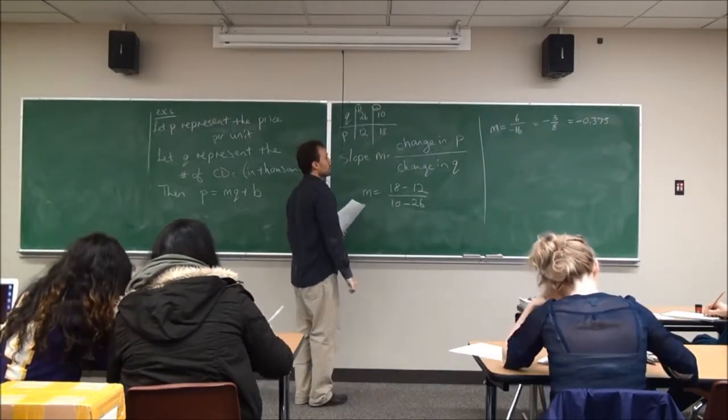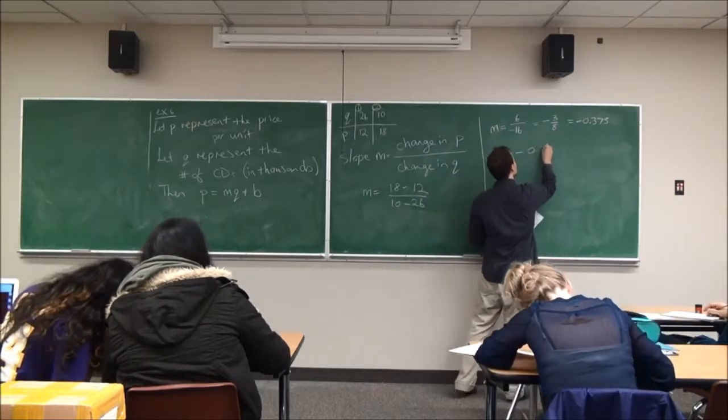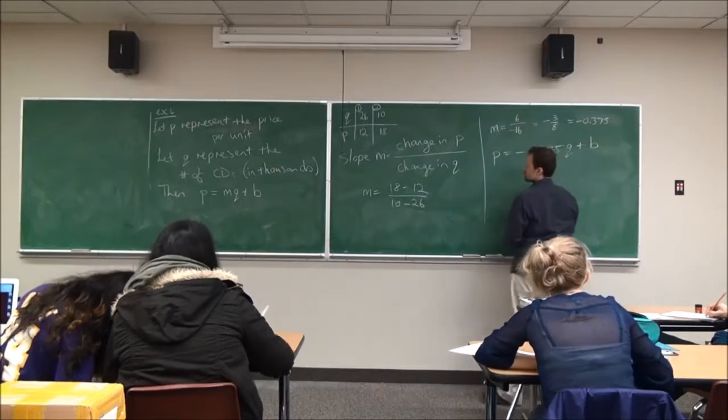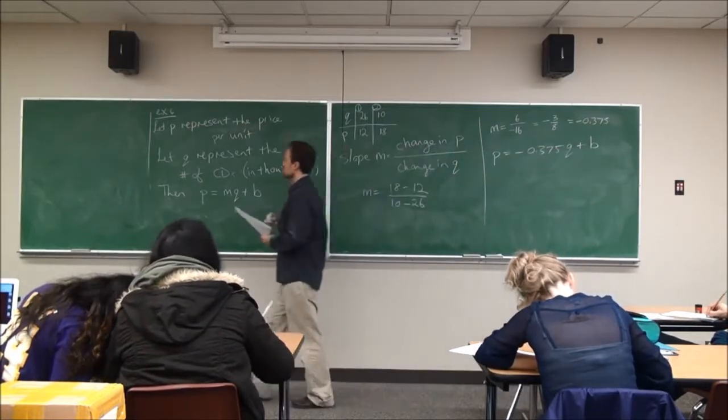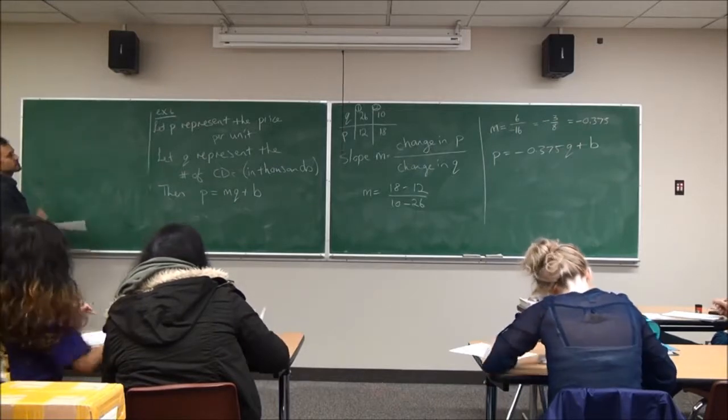So that's my slope. So let's update my equation. P is equal to negative 0.375 Q plus B. Use any point you want, like the first one.